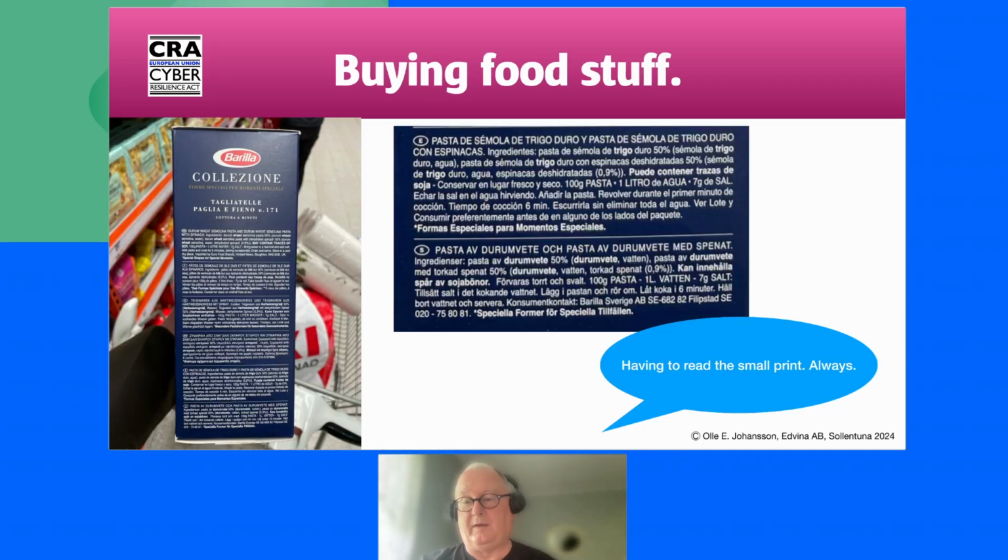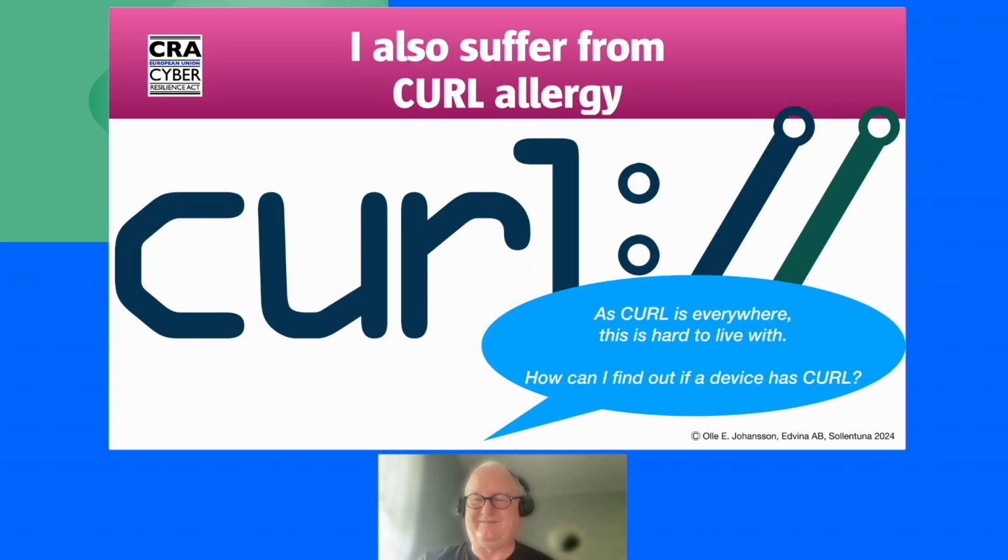That means when I go out to buy food, I have to read the small text on every package to see if there's any milk, any dairy in the products. I have to do that all the time, because even if I buy the same product as last week, the vendors can change the ingredients. Now, I have more allergies. I also suffer from a curl allergy. You know curl?